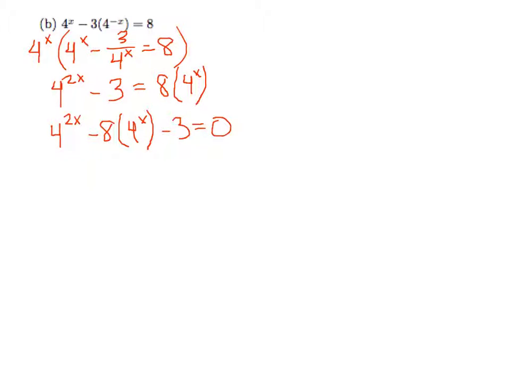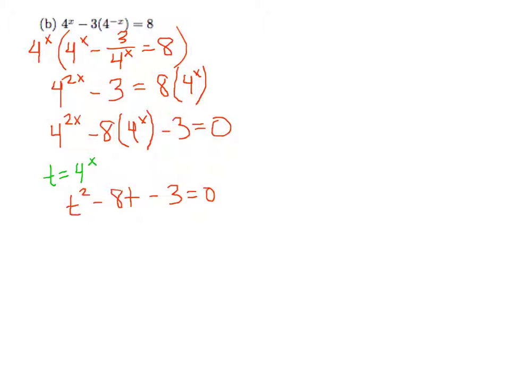And now we can see that we can use substitution and let t equal 4 to the x. So off to the side we'll write t equals 4 to the x. So let's rewrite this equation as t squared minus 8t minus 3 equals 0.